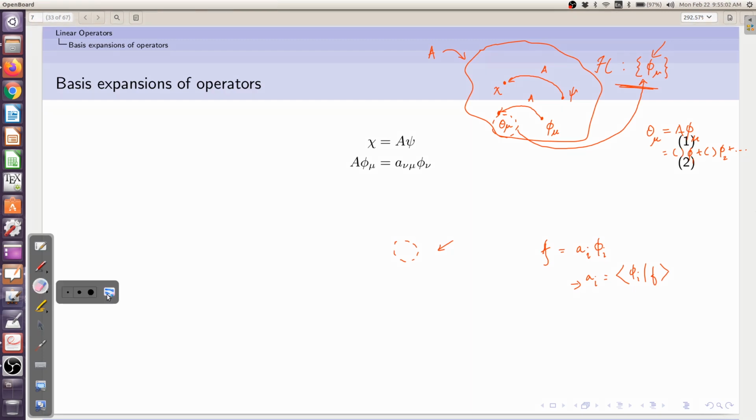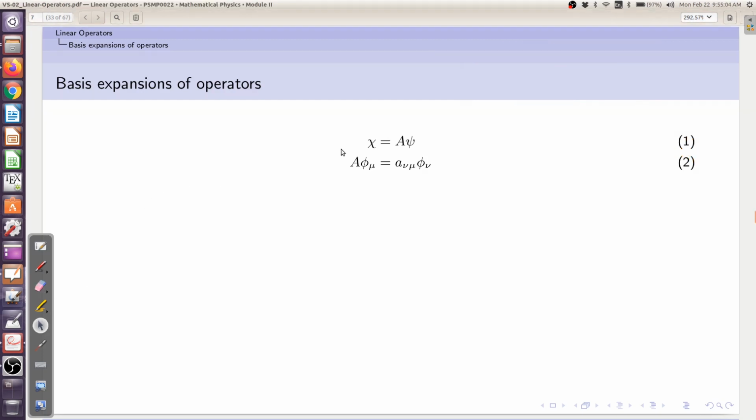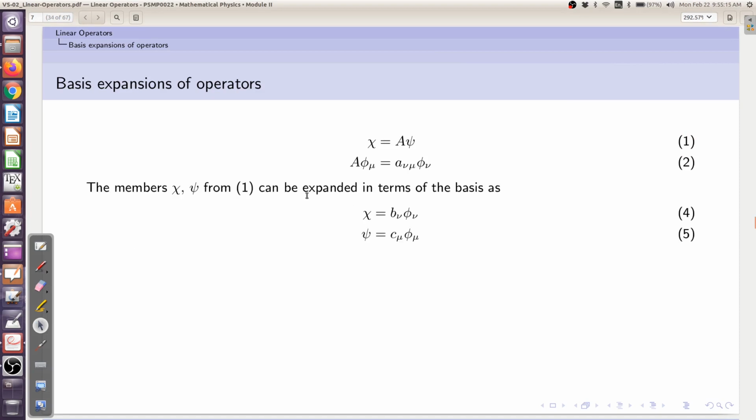Let me erase this. Okay, so this is what we have. We have chi, which is equal to A operating on psi, and we have A phi mu equal to a_nu mu phi nu. Now these two members, chi and psi, are also members of the same Hilbert space, so these two can be expanded individually.